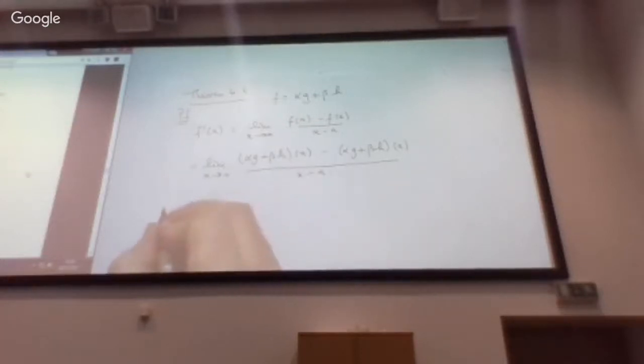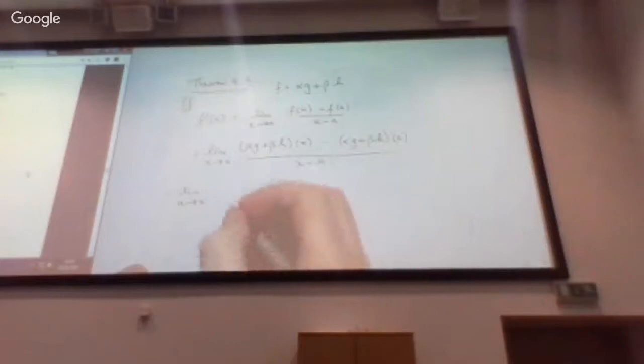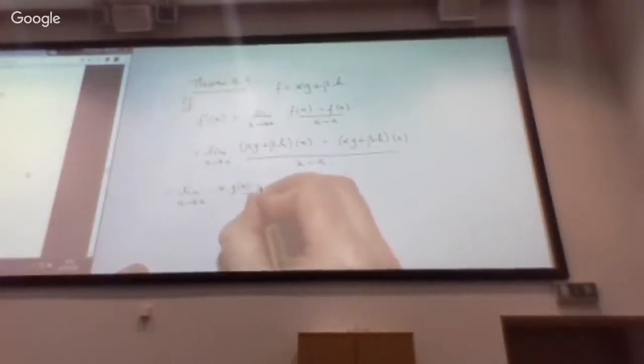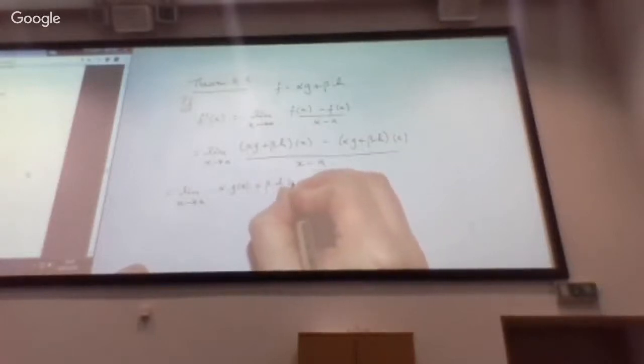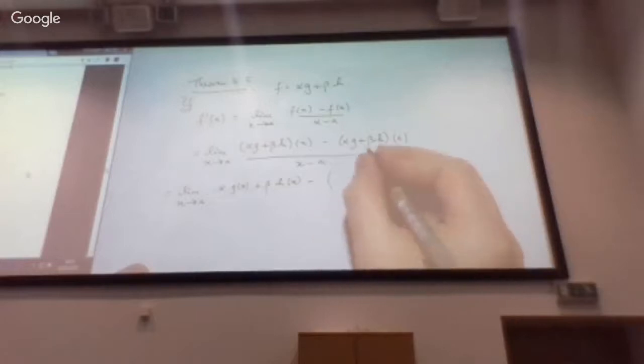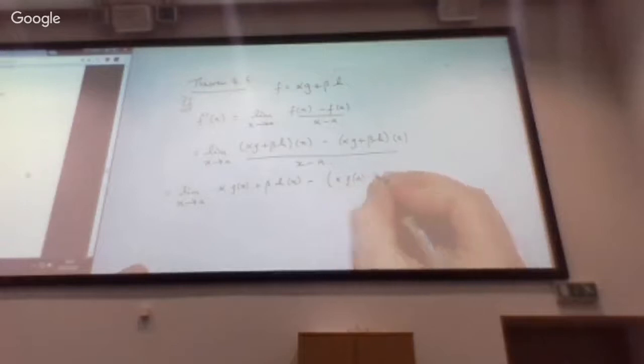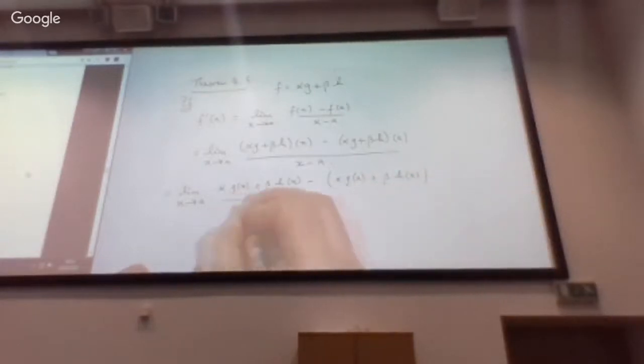The definition of a linear combination of functions applied to an argument x, so alpha g plus beta h applied to x, is exactly alpha times the value g of x plus beta times the value h of x, minus, and then similarly down here, alpha g plus beta h applied to a, you've got alpha times g of a plus beta times h of a. That is all still divided by x minus a.